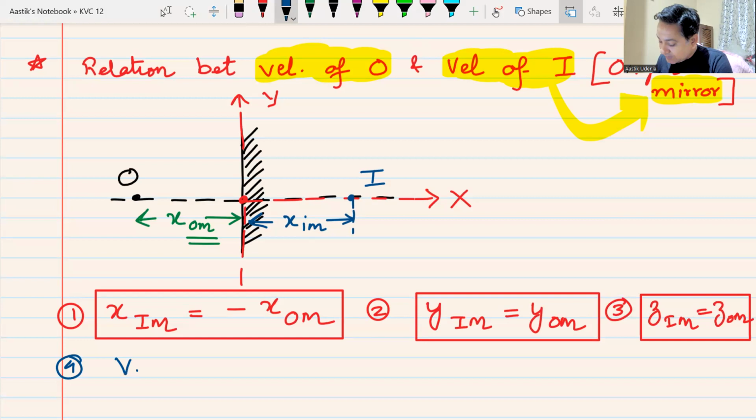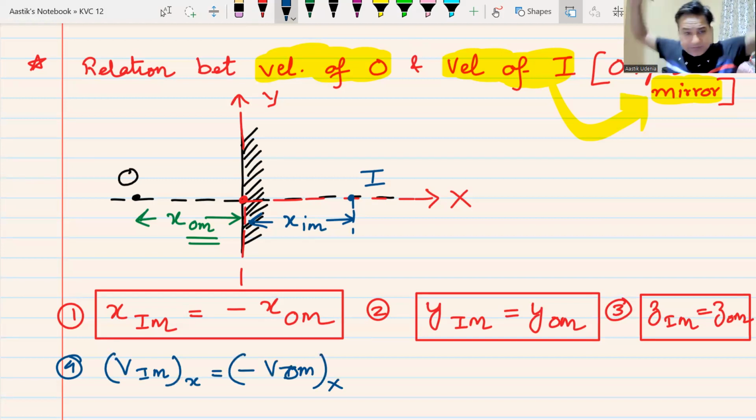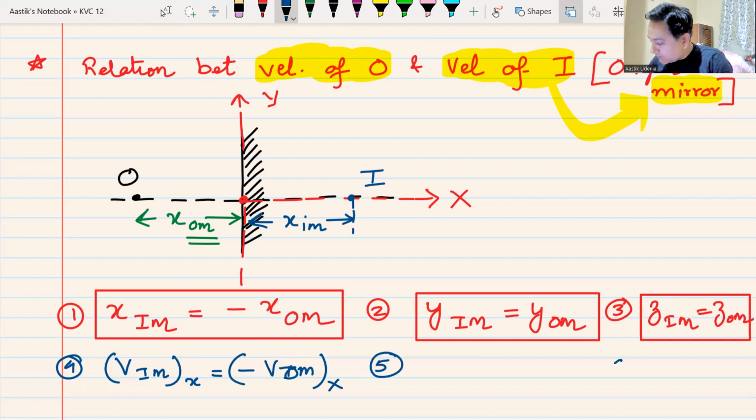But remember, I'm talking about the x coordinate, so I will write it as VIM x will be equal to minus of VOM x. Is everyone there with me together in this? Yes or no? Well done, sir. Then you can write equation number 5 and equation number 6 on your own.